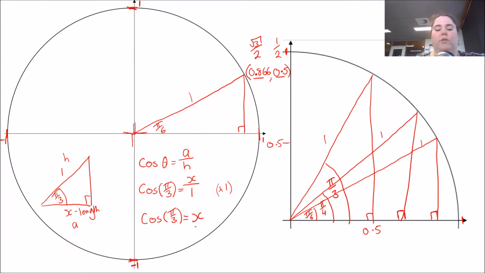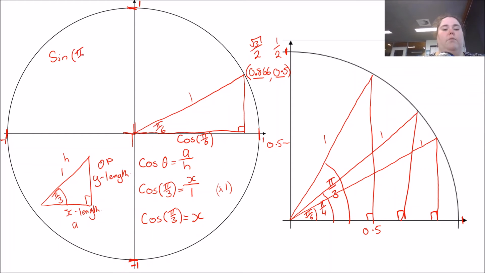So in this triangle I've just created, finding the x side is like finding cos of that angle. What about if I found the y length, the value of y? Well, that's the opposite. So sine of pi on 3 equals my opposite, which is y, over my hypotenuse.